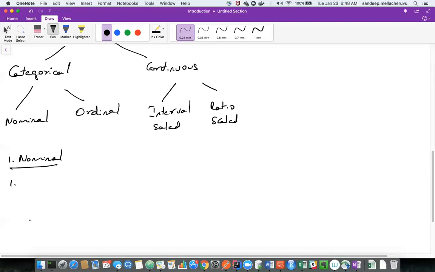Delivered and not delivered are not comparable at all. I don't know which one comes first. I cannot say among male and female who is first. I cannot order them. There is no implicit ordering. You may have your preferences, but there is no implicit ordering per se. So nominal is more like no comparison possible, and it is a purely categorical variable.